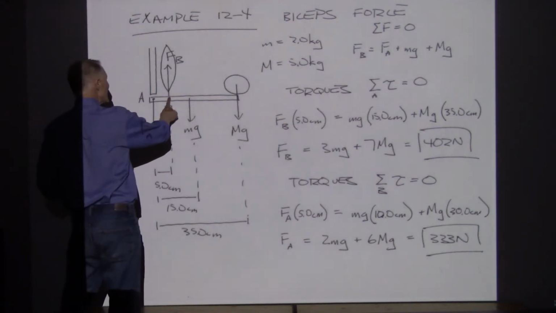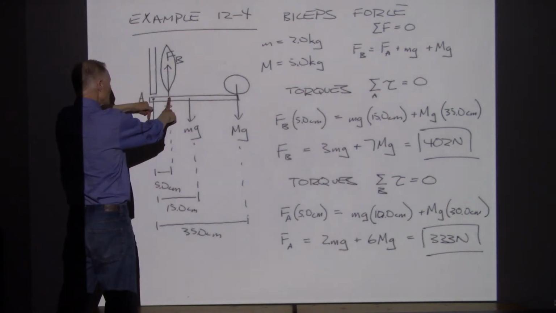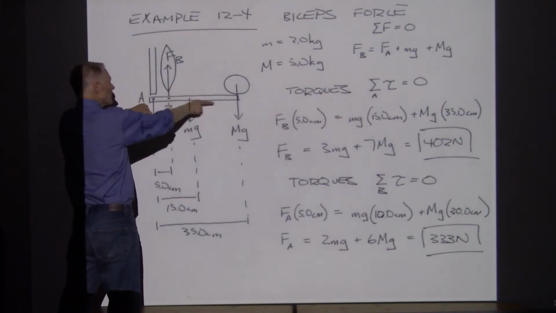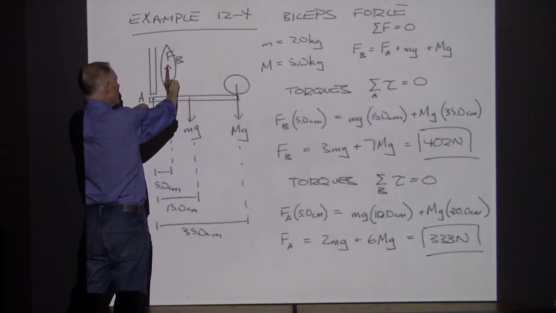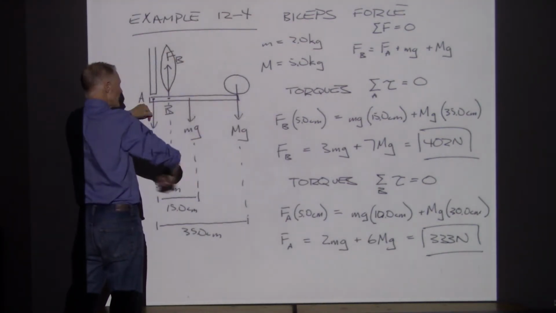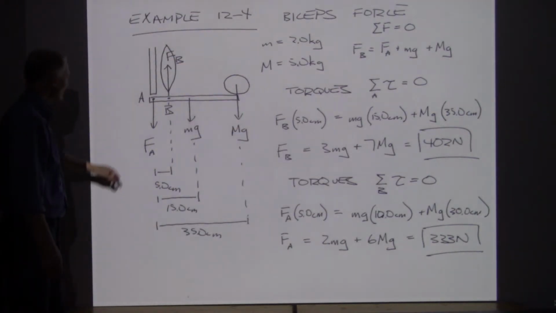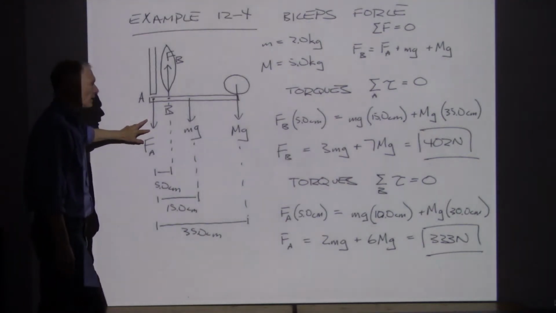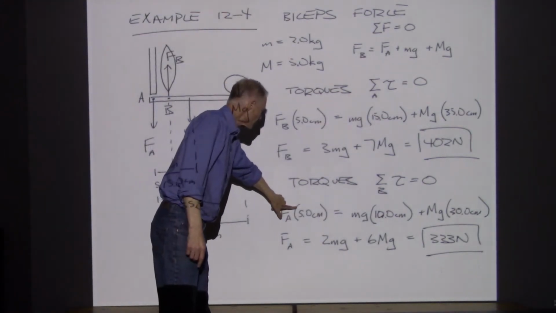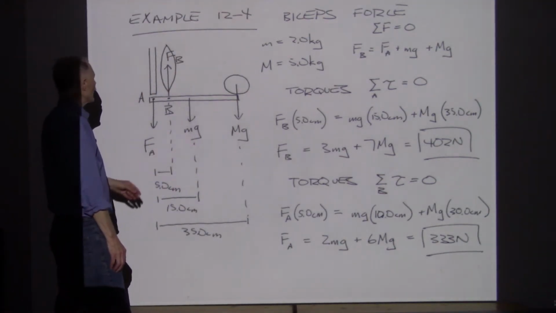Now, if this is the axis of rotation, then force A is tending to lift the arm or rotate the arm in the positive direction, whereas mg and big mg are tending to rotate it the other way. So again, FA times 5 centimeters is going to be the amount of torque. And then on the other side, the lever distances have changed.